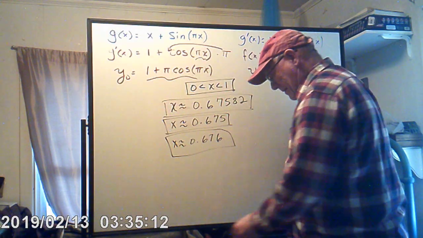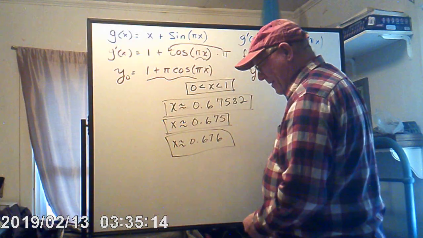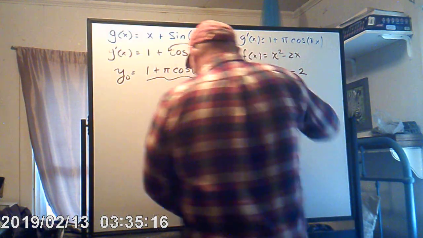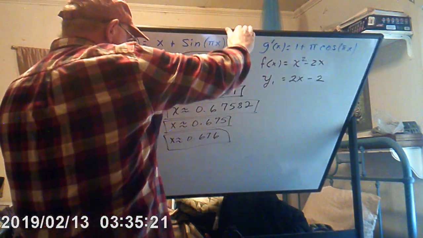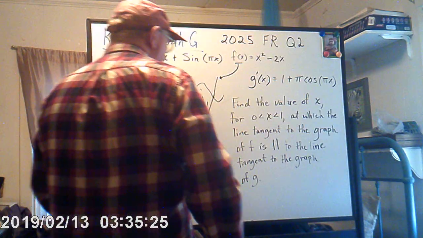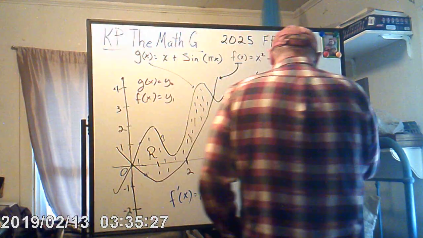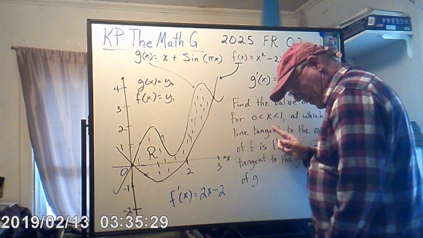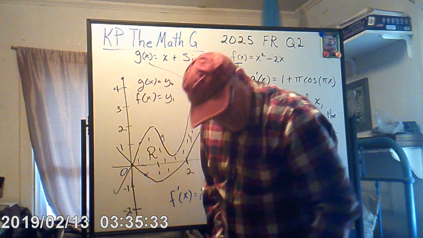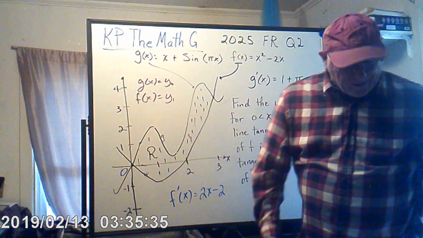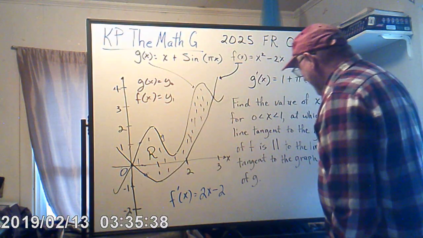And so, what have we answered? Go back. 0.676. Let's find the value of x. Alright, we found it somewhere between x between 0 and 1. Excuse me. I have stuff on the table and everything's cluttered up, and I need to clean that clutter up.